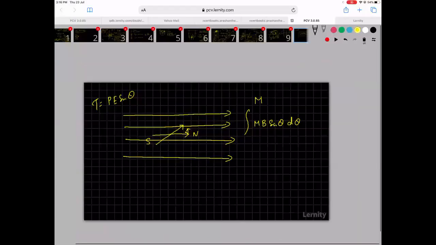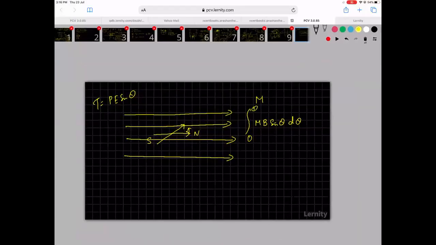The work done is minus MB cos theta, with limits 0 to theta. So that is equal to MB minus MB cos theta. So this is the work done.